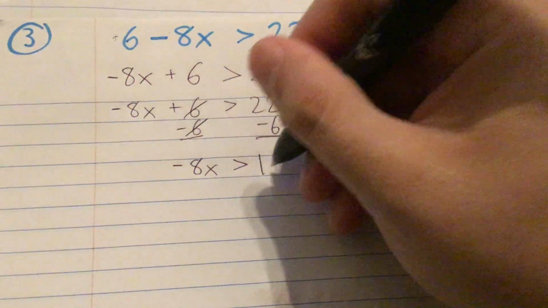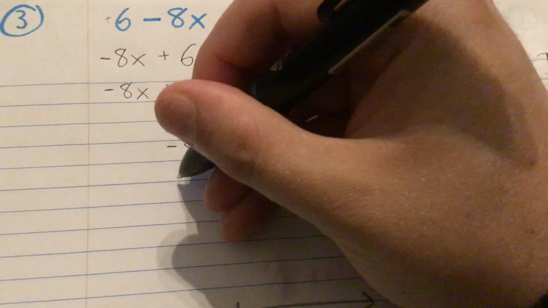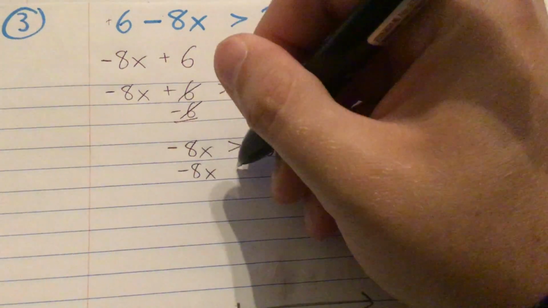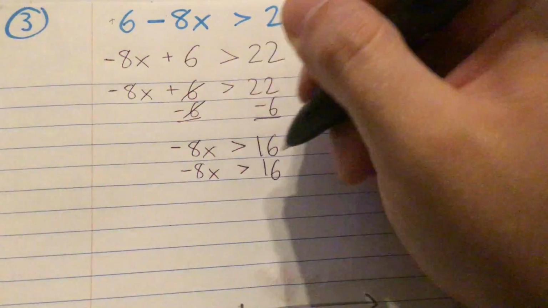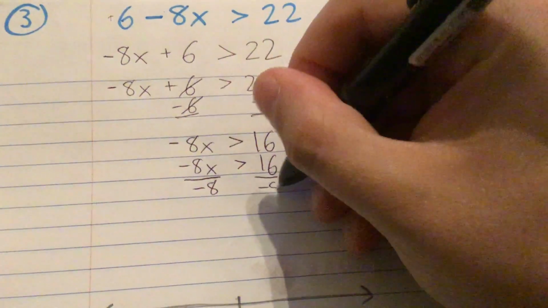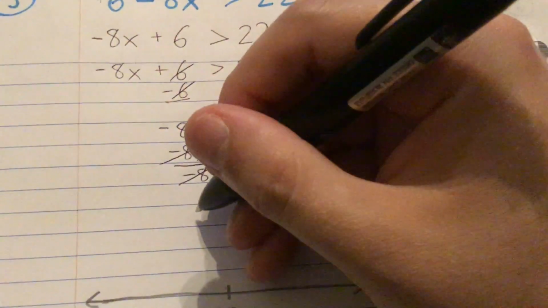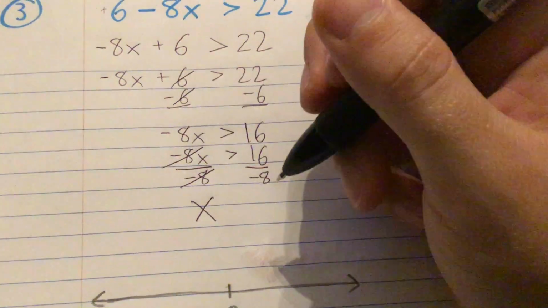That's going to be positive 16. Okay, so now I've got negative 8x is greater than positive 16. I'm going to divide both sides of the inequality by negative 8. That cancels out, leaving me with x.